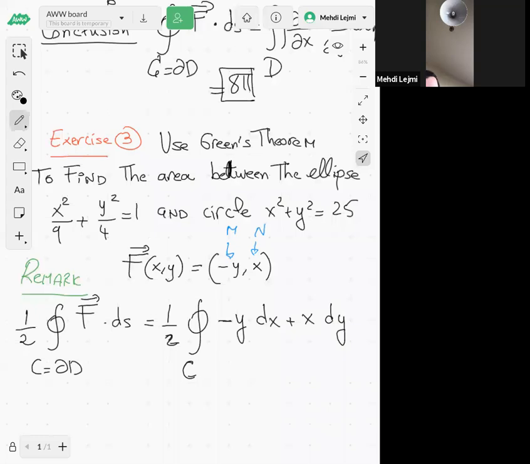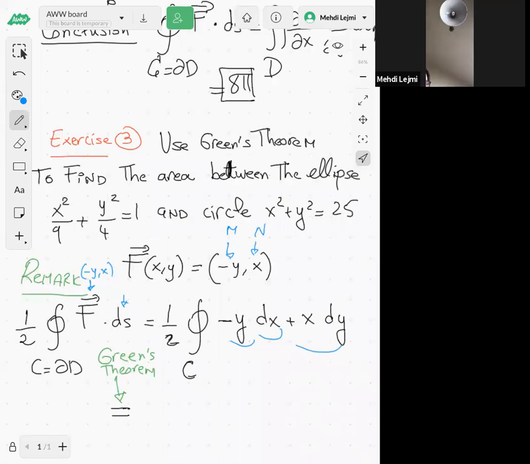So that will be equal, if you use now Green's theorem, well, before that, let me just remind you guys why I can write this, why this is minus y dx plus x dy. Well, because F is (minus y, x), right? ds is the infinitesimal displacement.